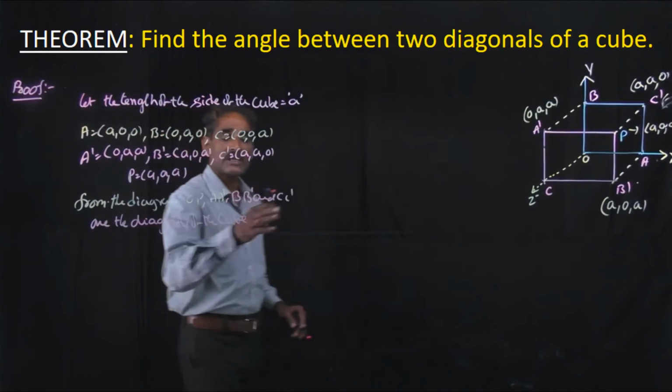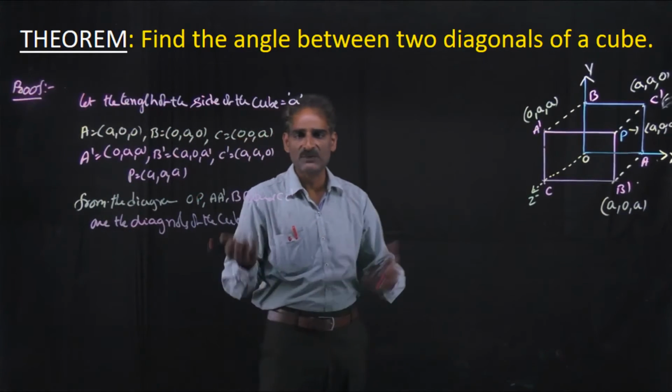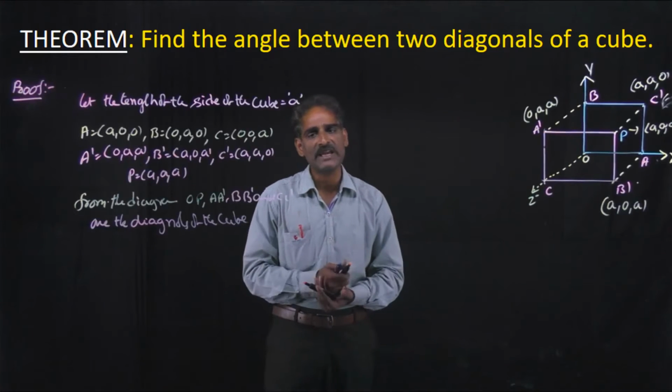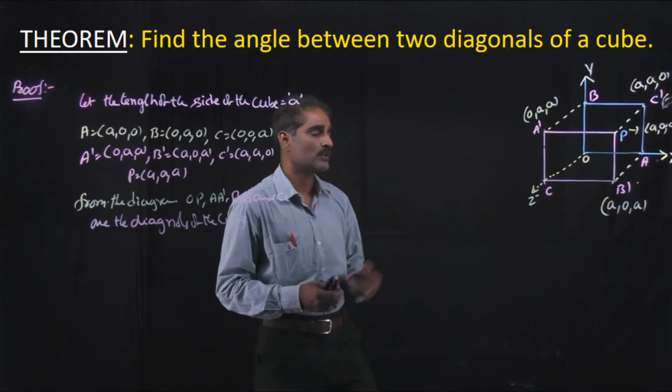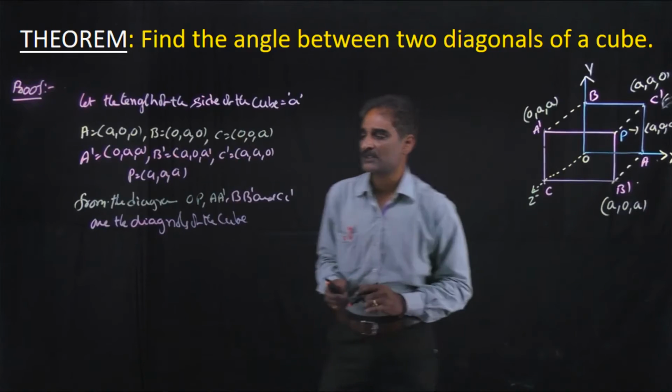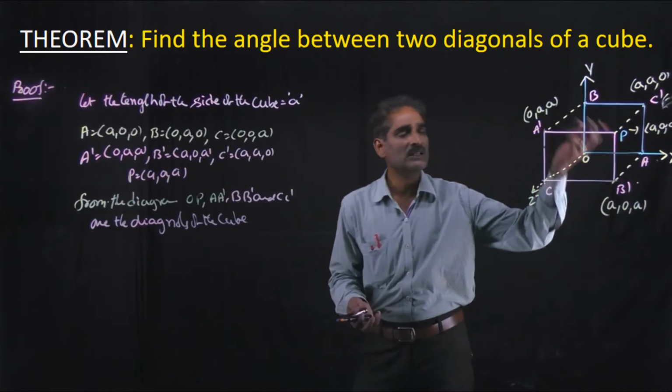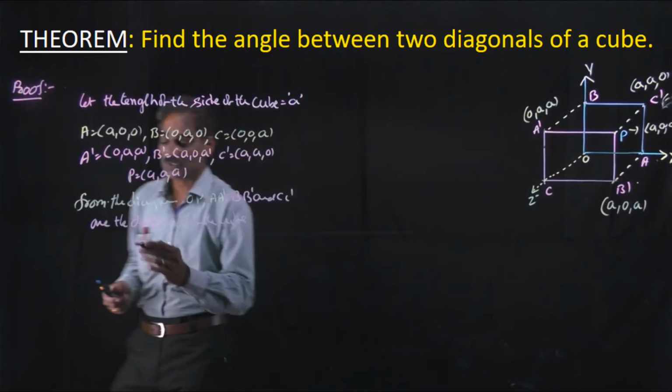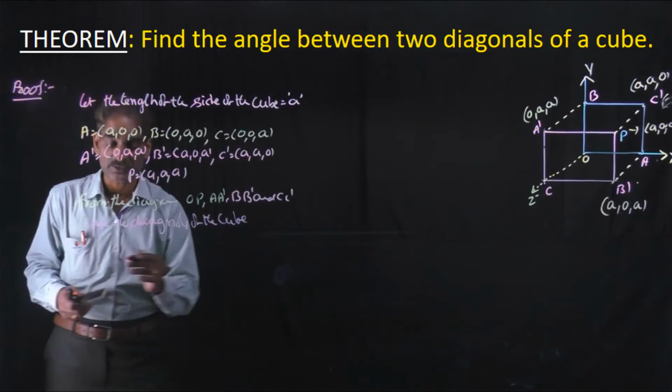So we can take any two out of these four diagonals, find the DRs of the diagonals, and find the angle. So select two diagonals. Let us take OP and another one, AA dash. So first of all, find the DRs of the two diagonals.